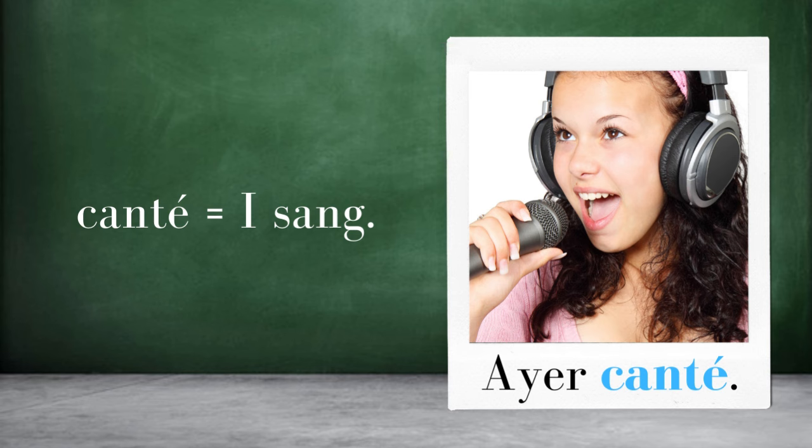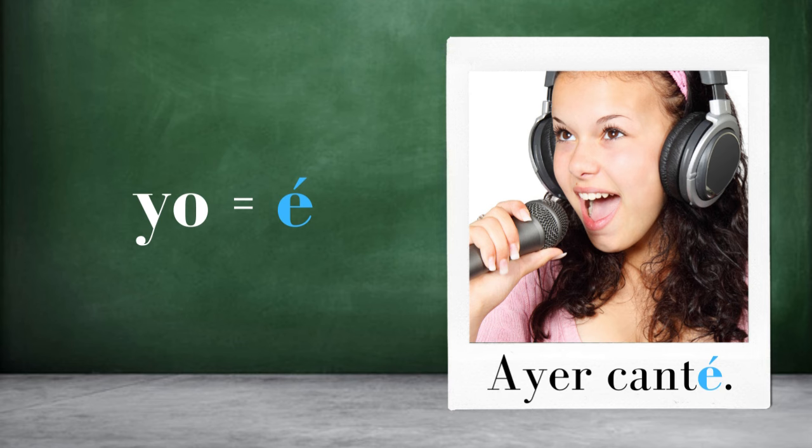Buen trabajo. The yo conjugation for preterite AR verbs is con acento, or with an accent on top. This is where things can get a little bit tricky. A lot of times, people forget to put the accent on preterite verbs, but you have to remember them. Otherwise, you can totally change the meaning of the word.